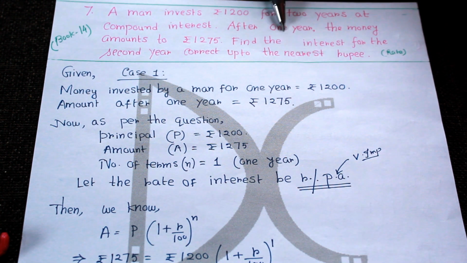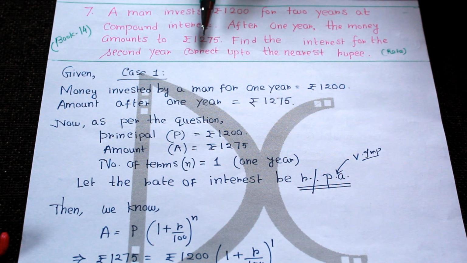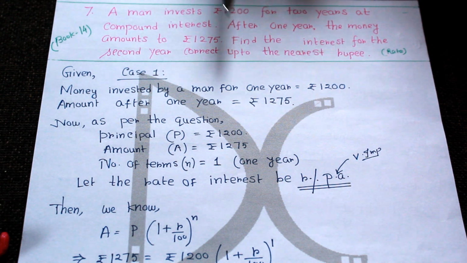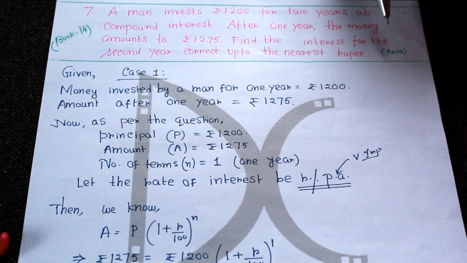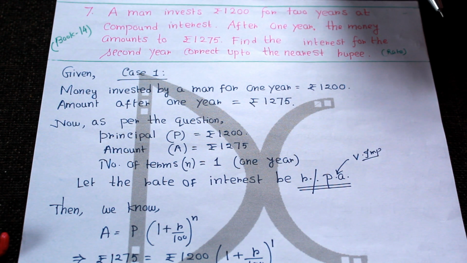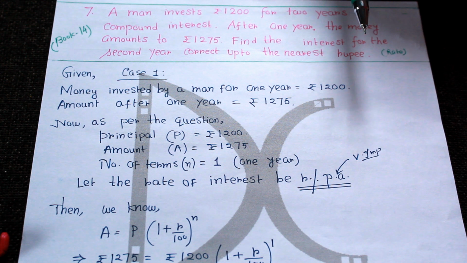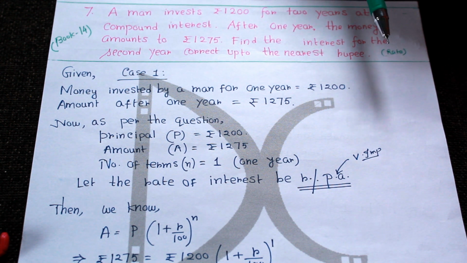See, after 1 year the money amounts to rupees 1275. He has invested the money for 2 years, but they have not given you the amount after 2 years in the question. They have given you the amount after 1 year. If they give you the amount after 2 years, we will do the sum in that way. But here be careful, they have given the amount after 1 year. So in the formula we will have to put it very carefully.